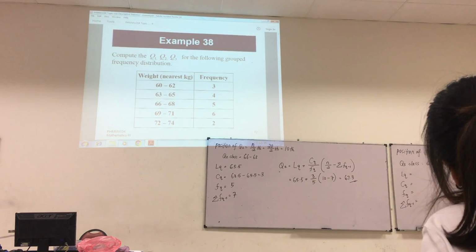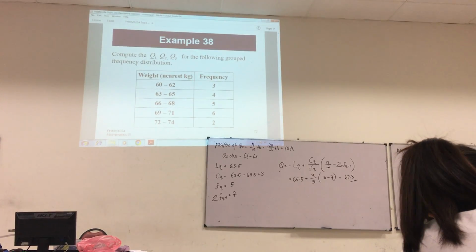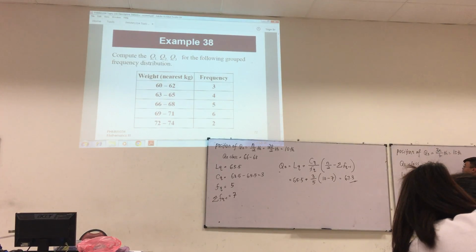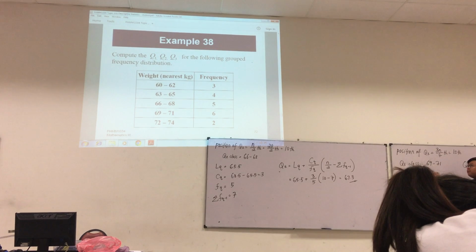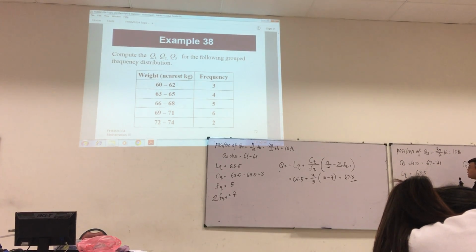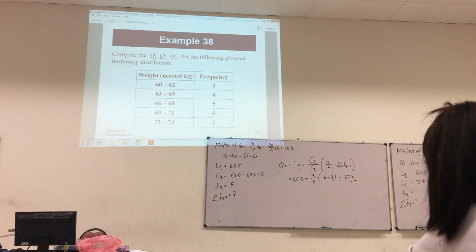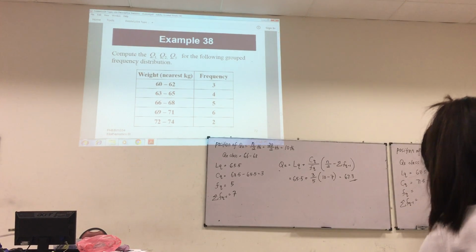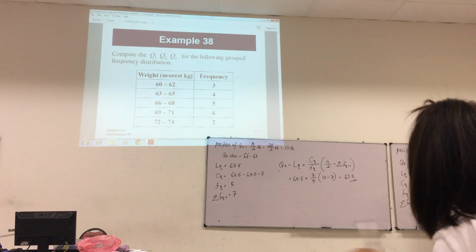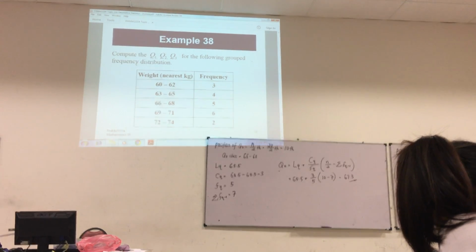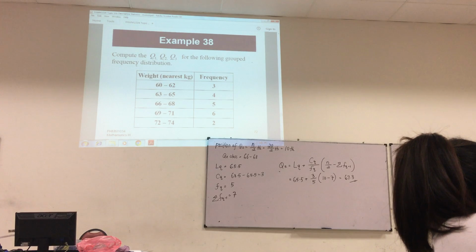LQ, the lower boundary of the Q3 class, will be 68.5. Your CQ will be 71.5 minus 68.5, and you get 3. Frequency of the Q3 class, you get 6. Cumulative frequency before that gives you 12.